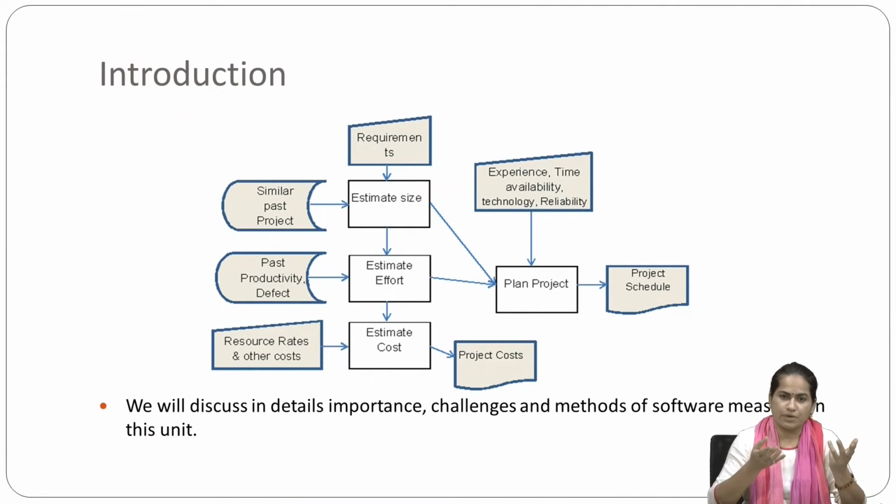Let's take an example. Suppose we have one software for which we require three persons to work on it. We have to consider the cost of those persons, how much we will pay them.